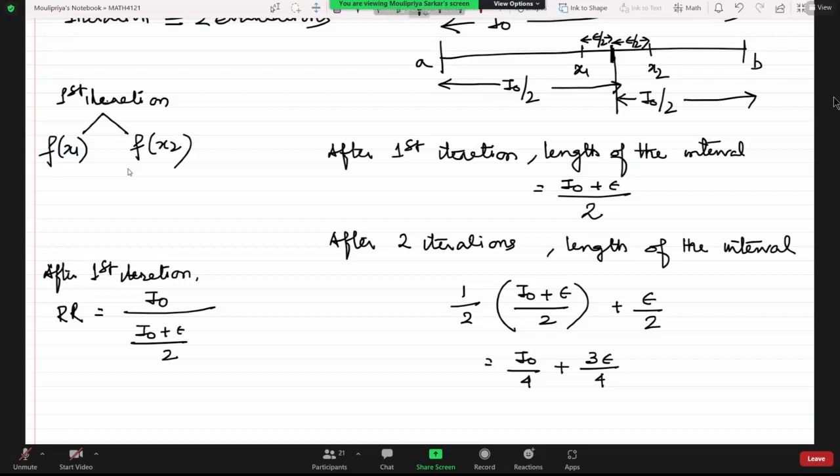Am I correct with this? Yes. That implies it is 2I0 by I0 plus epsilon.